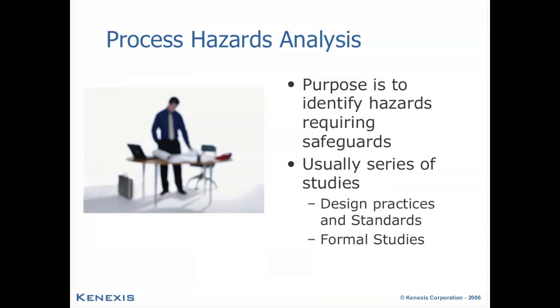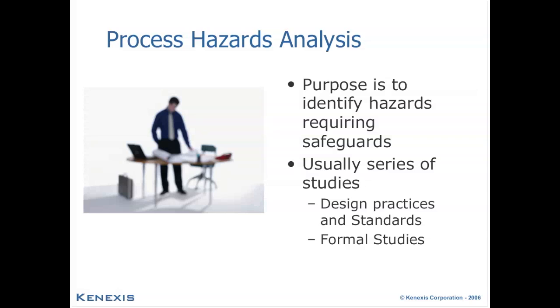There are, of course, multiple ways to conduct process hazards analysis. Usually this is a facilitated meeting, but we try not to think so rigidly about it. There are many ways in which we can identify process hazards, from reactivity studies.